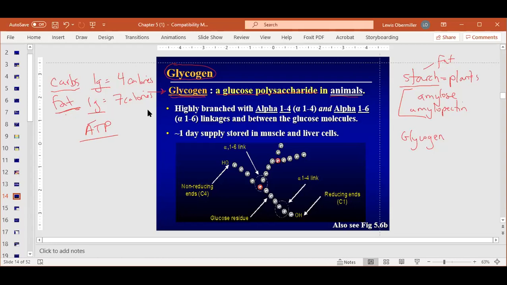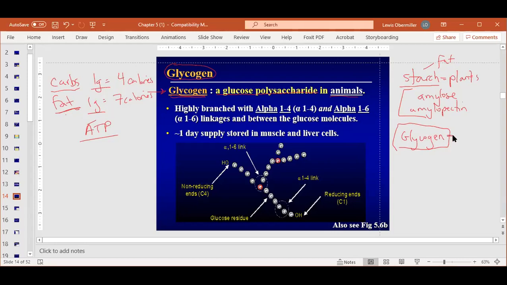So we have to have an instant, ready supply of energy in case something crazy happens, like we need to run away from a bear. And that instant energy is glycogen. We don't want to store a lot of this because it's heavy, like it's still a carb.